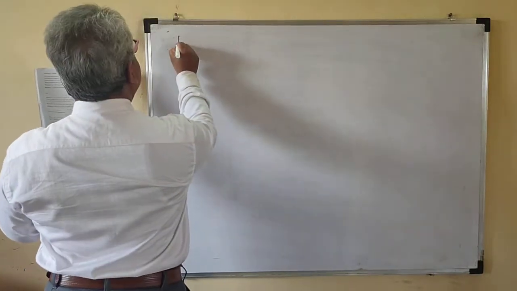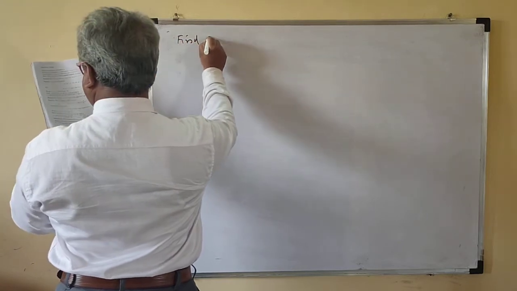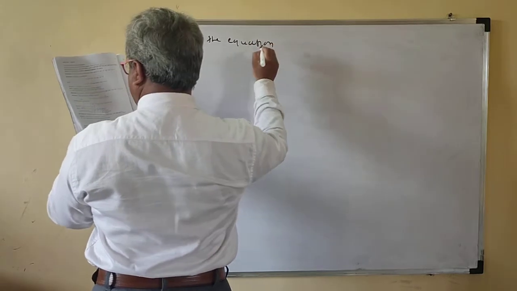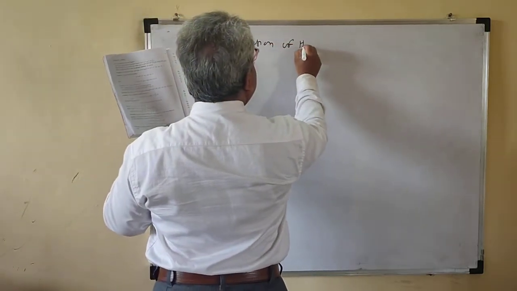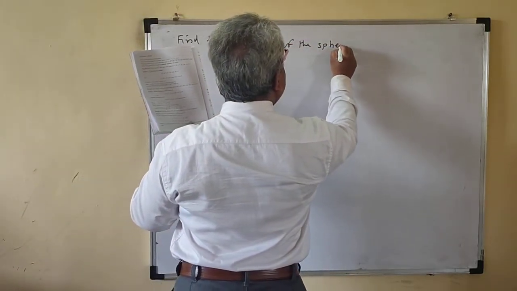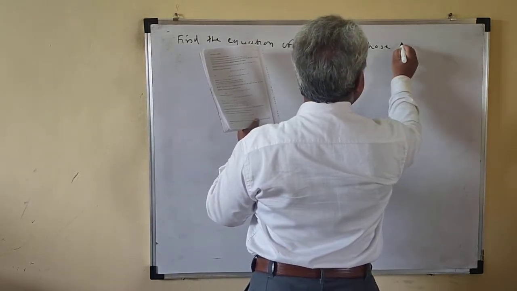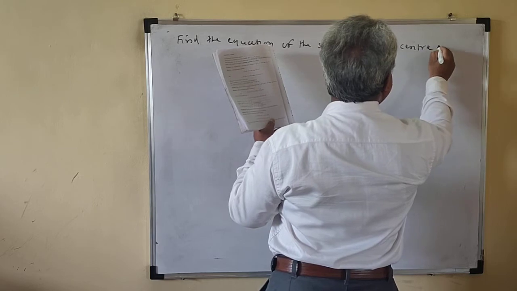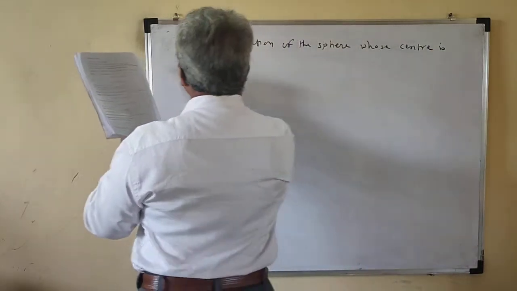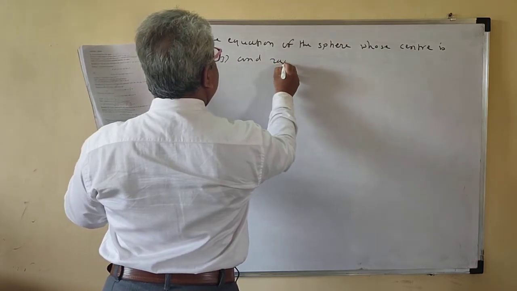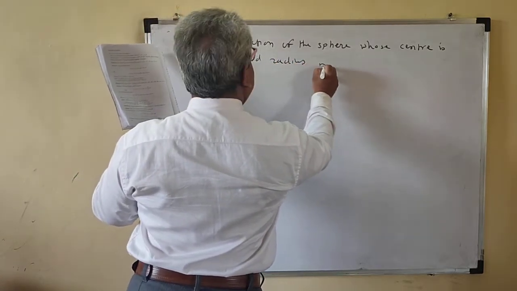Find the equation of the sphere whose center is 1, minus 2, 3 and radius is 6.